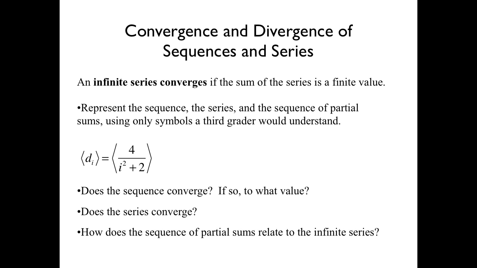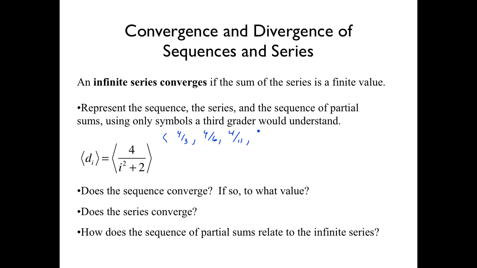How about the sequence? Tell me what the sequence is like. Yes, it'll converge to 0 because the denominator will grow. Did you do this first bullet point? Sequence terms. The first term is 4/3, the second term is 4/6, the third term is 4/11, comma, dot, dot, dot. Let's do one more.